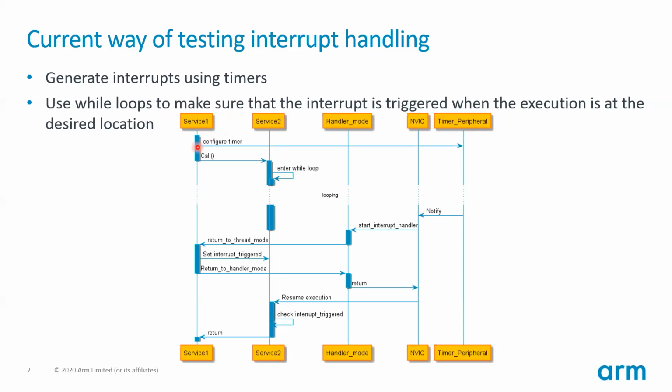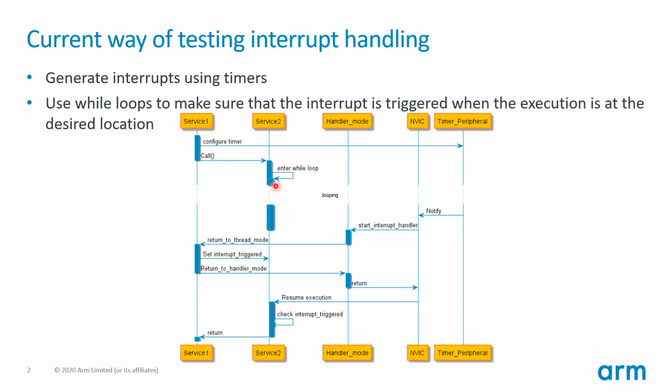So service 1 sets up the timer to be triggered at a later point. Then we call into secure service 2, which enters a while loop, continuously checking a flag that we expect to be set by the interrupt handler.